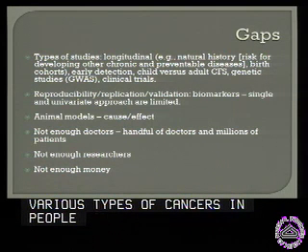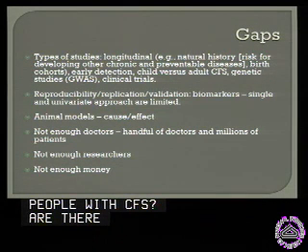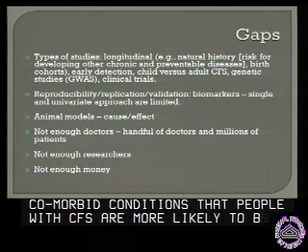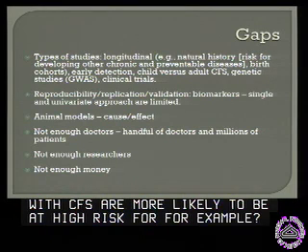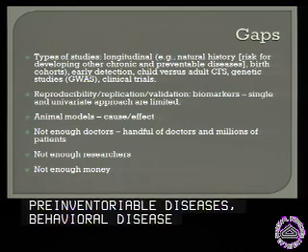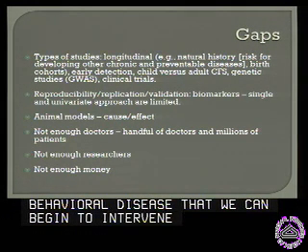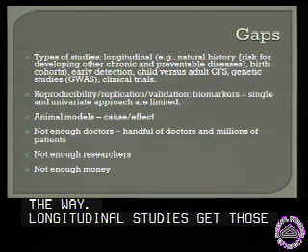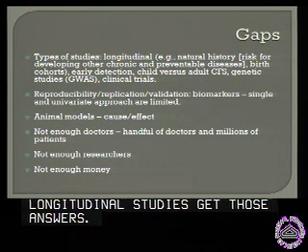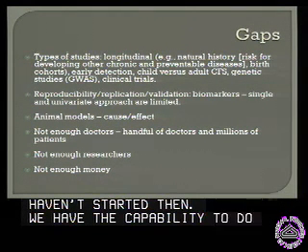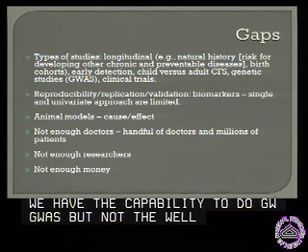Are there different types of comorbid conditions that people with CFS are more likely to be at higher risk for, for example, cardiovascular diseases, other preventable diseases, behavioral diseases that we can begin to intervene with along the way? Longitudinal studies will get us those kinds of answers. Genetic studies. We haven't even started them. We have the capability to do GWAS, but we don't necessarily have the well-characterized sample sets and the numbers that we need in order to be able to do them, as well as clinical trials.